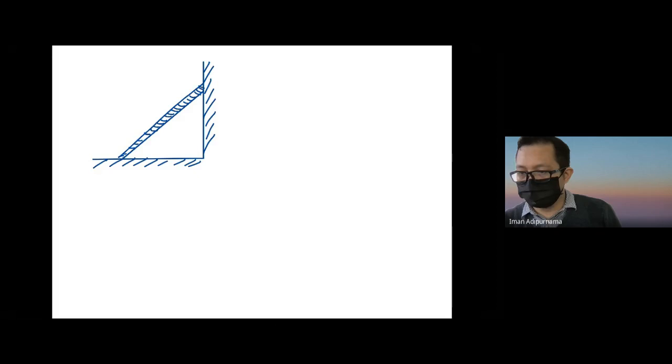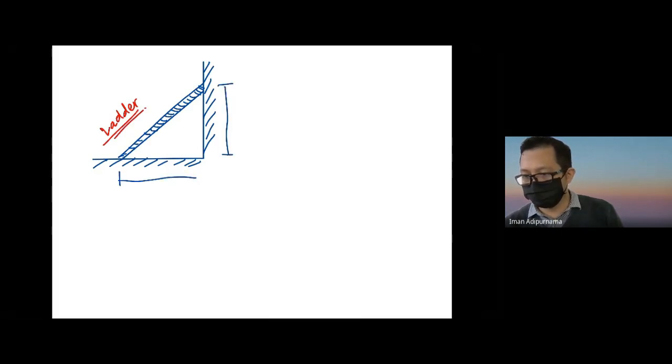Let's say this is a ladder. Let me write a ladder, and let's say it has some length here. I just make it a beautiful triangle. If this is 5, I think it can be 3 and 4, right?